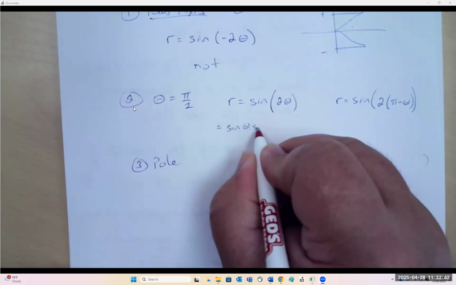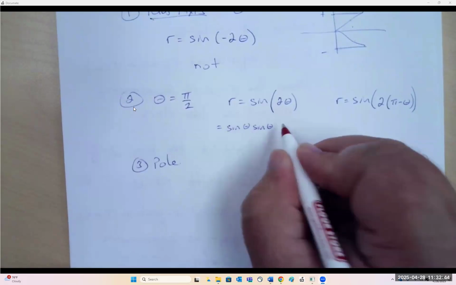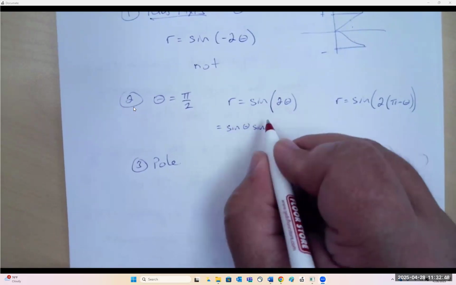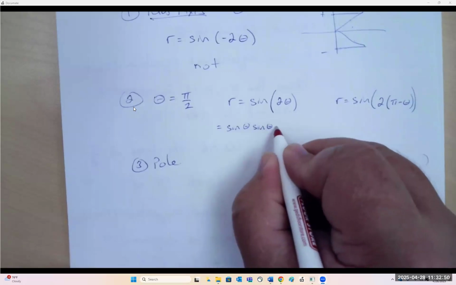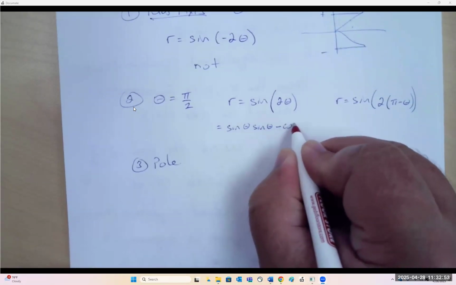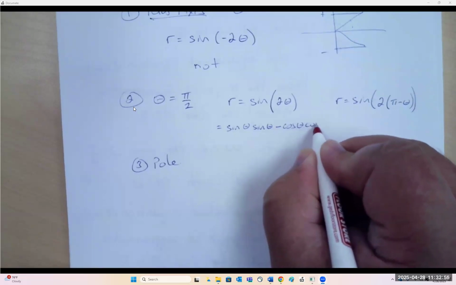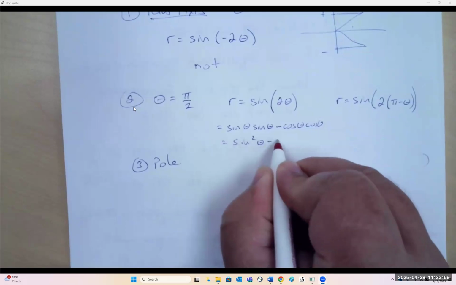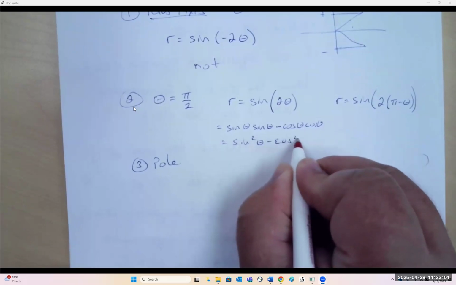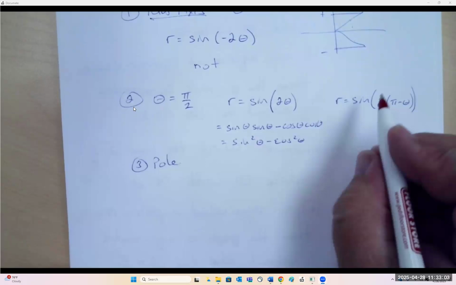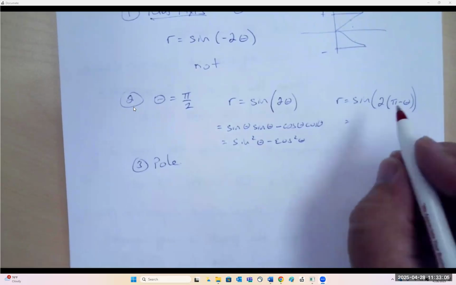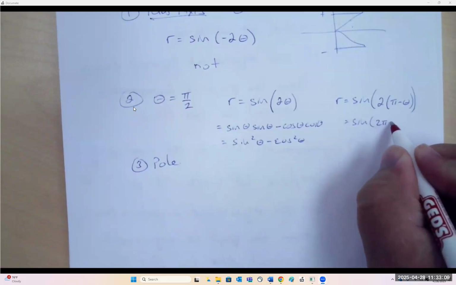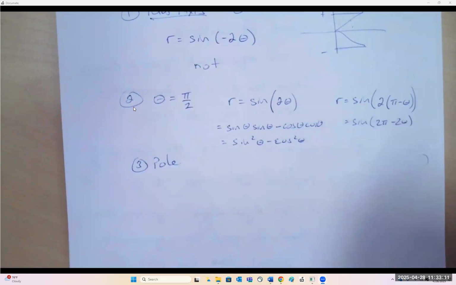So this is going to be sine of 2 pi minus 2 theta.